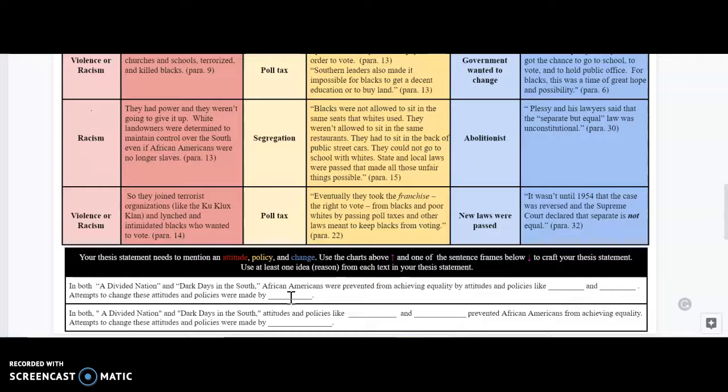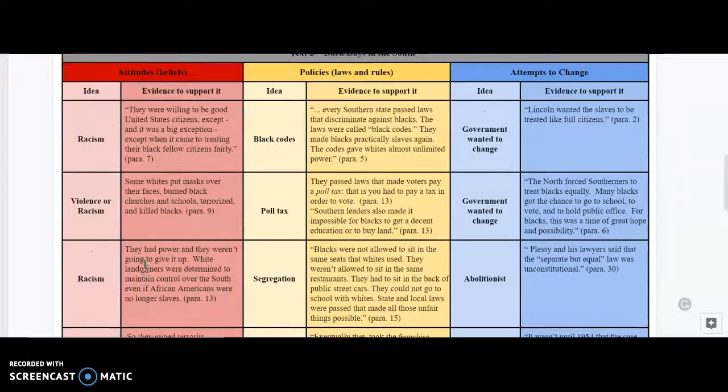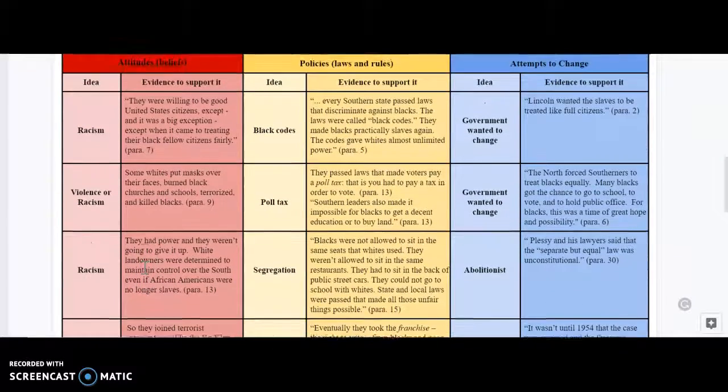So, if I was actually writing a thesis statement right now, I would go back up into my chart and think about one of the policies and attitudes that I wanted to include in my thesis statement that I want to write about in my essay. So if I was to scroll back up right now, I would look through attitudes. We want to be able to use ideas from both texts so that we can pull evidence from both texts.